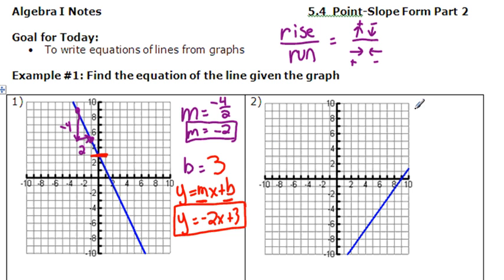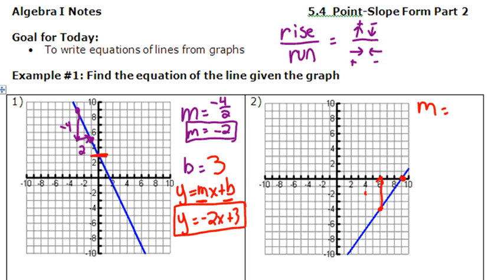So let's look at 2. First thing we always look for is our slope. So if I pick some pretty points, I have one here and one here. So I'm going to count rise over run. I'm going up 1, 2, 3, 4.